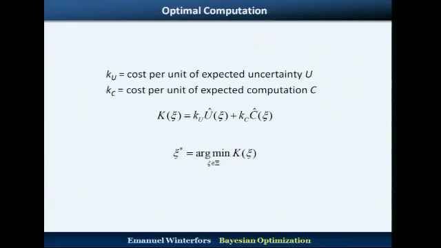So by doing that, we transform the problem of just optimizing the design with respect to uncertainty of the parameters, rather to a problem of minimizing the cost of the uncertainty versus the cost of the computation.